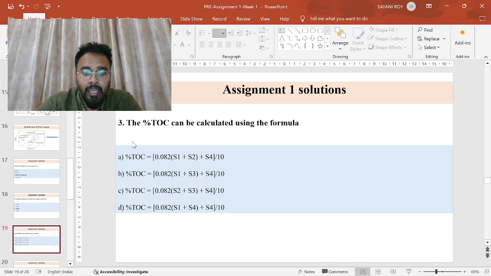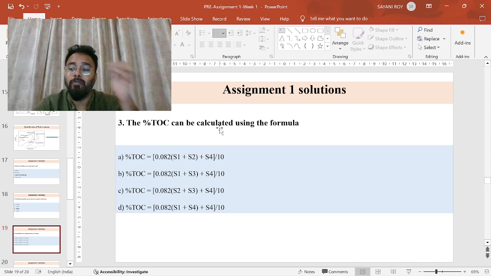As I have already shown you in previous slides, there are various analyses to find the maturity of the organic compound. So percent TOC is one of those. The percent TOC can be calculated using the formula, option A: TOC equal to 0.082 (S1 plus S2) plus S4 divided by 10. See, S1, S2, S4, these are the peaks that we get from rock eval pyrolysis.